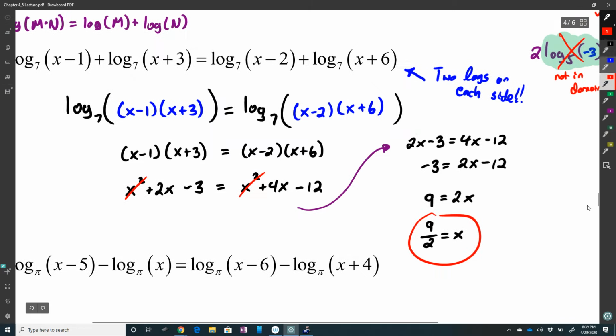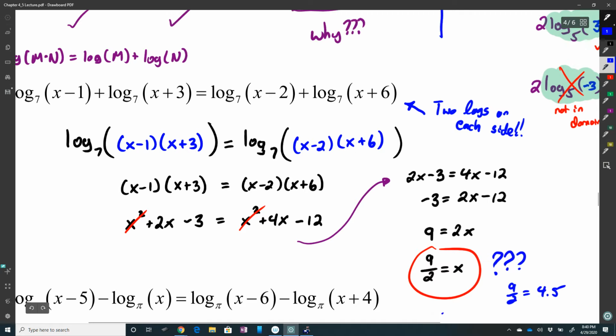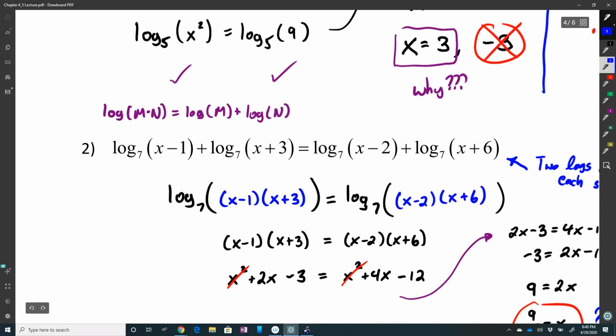Now for my check. Is it an answer? Now when you're checking, again, you don't have to actually do the entire problem and see if like 1 equals 1 at the end. What they want you to do is, remember this is 4.5. 9/2 is equal to 4.5. So all you're going to do is go to the original problem.